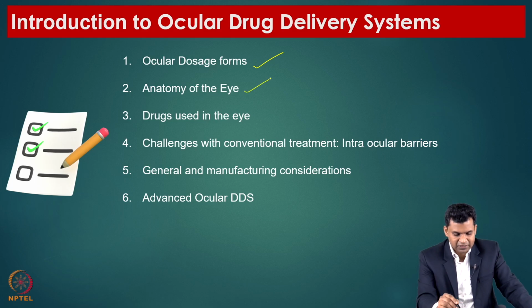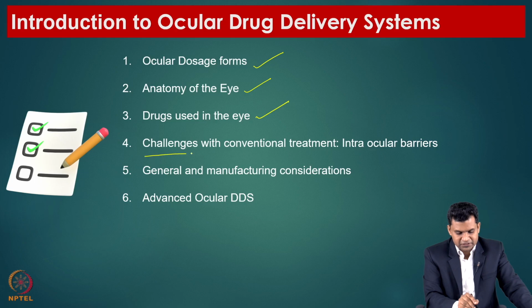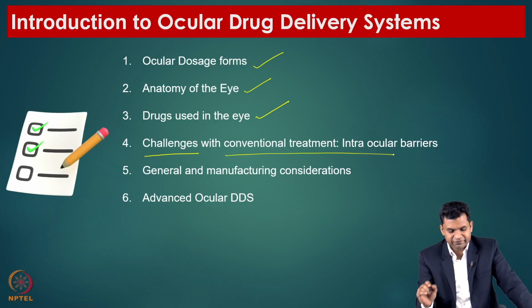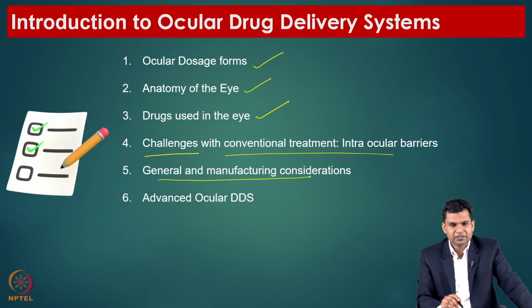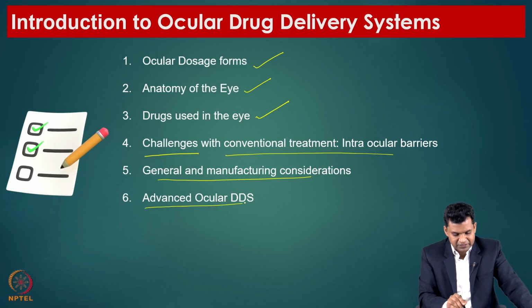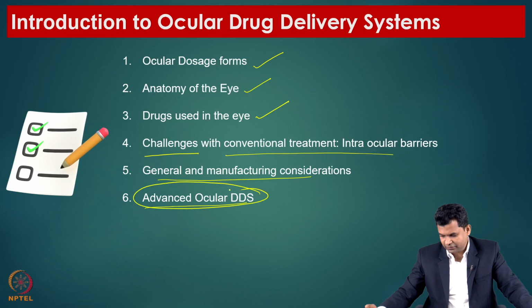Then we will see the anatomy of the eye and the drugs used in the treatment of various eye diseases, and then the challenges that come with conventional treatment. We will focus on the general and manufacturing considerations for the development of ocular drug delivery, and then we will take a very brief look at advanced ocular drug delivery systems. In our upcoming classes, we are going to focus on this topic.